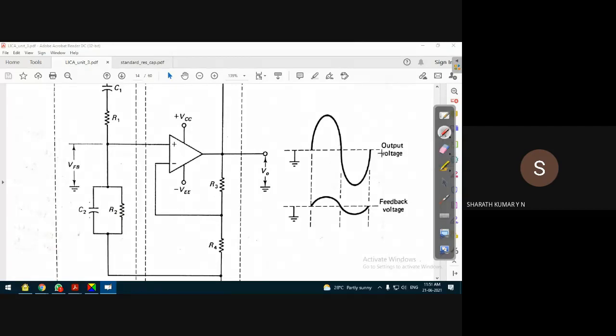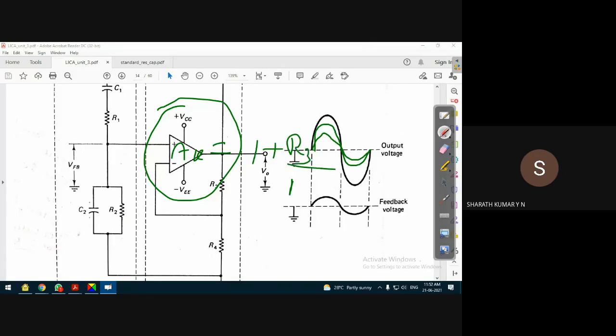Amplitude stabilization is this voltage variation, this amplitude control, so the gain of this amplifier has to be adjusted. The gain is 1 plus R3 by R4, and hence we have to control the values of R3 and R4 so that we can control the amplitude of the output voltage.